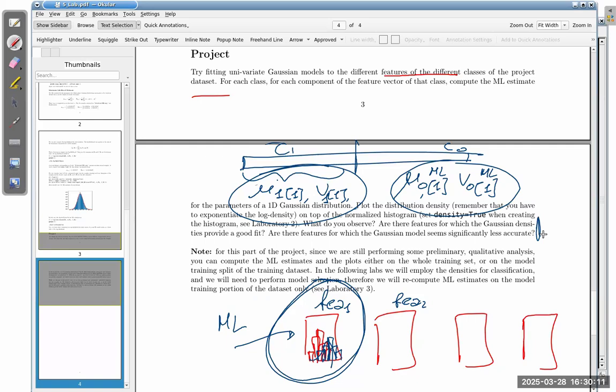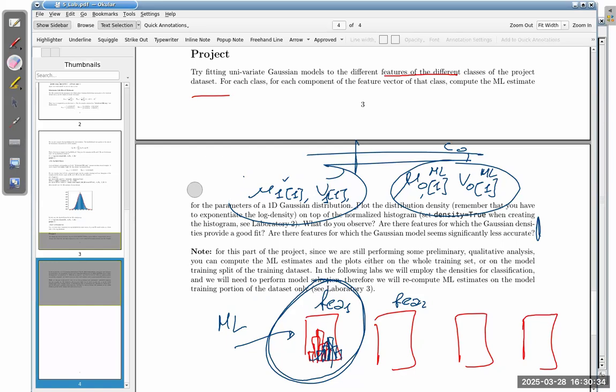From what we said today, this would be the solution of a naive Bayes model fitted to the different feature components. We'll see this better next week. But this would be what a naive Bayes model would do. It would fit independently a one-dimensional Gaussian to each of the features.